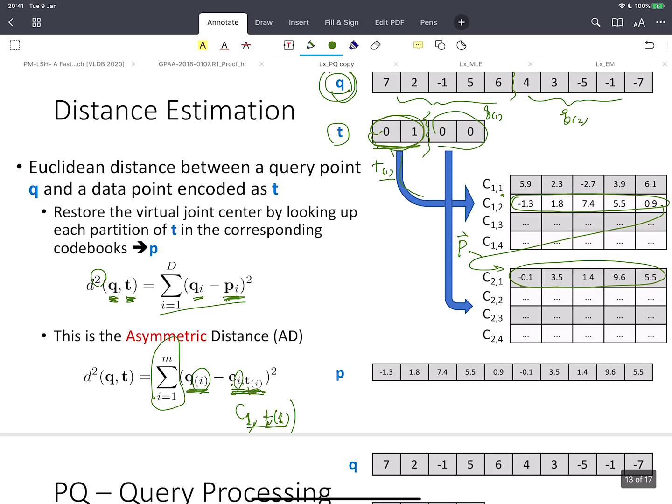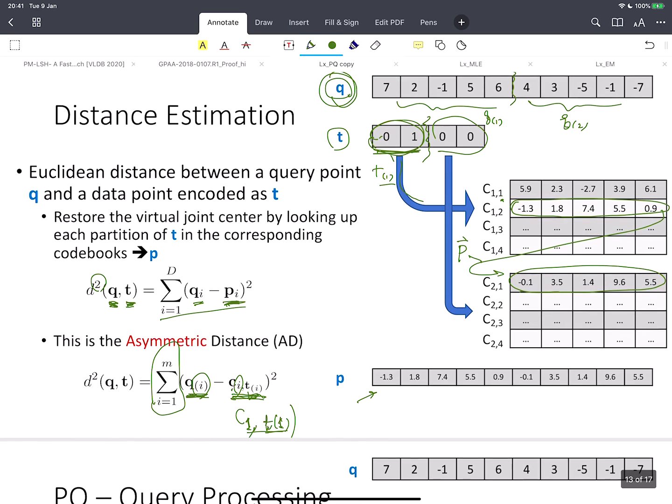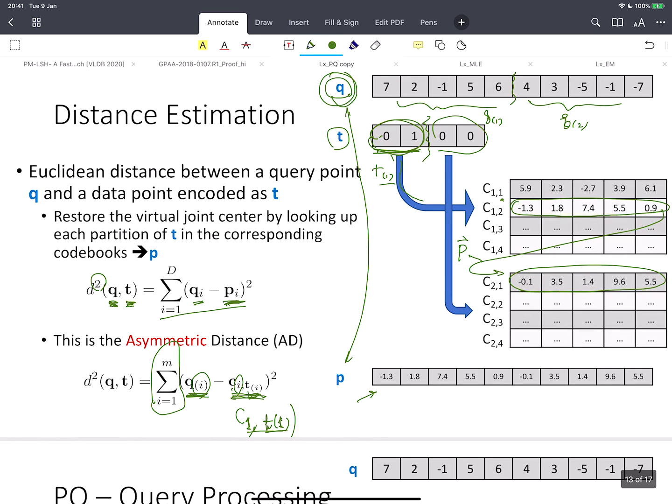The key is that Euclidean distance supports distributed computation: you can accumulate partial Euclidean distances and sum them together to get the final one. So this is your P, and then we do the L2 distance. This part is the first partition, and this is for the second partition.